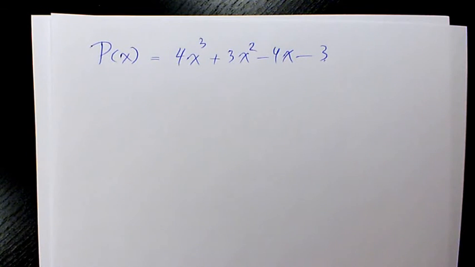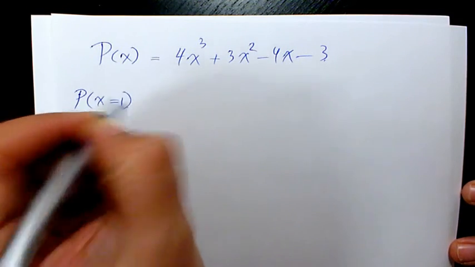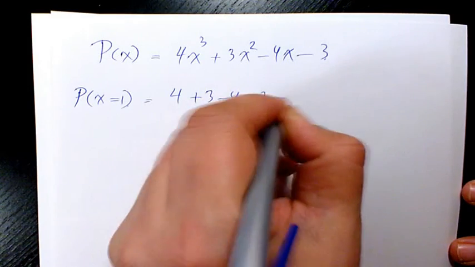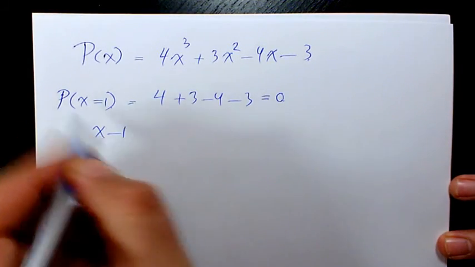Let me see: 4, 3, negative 4, negative 3. So we start with x equals 1. When you substitute it there, it's going to be 4 plus 3 minus 4 minus 3. That's equal to 0. So one of the factors is going to be x minus 1.